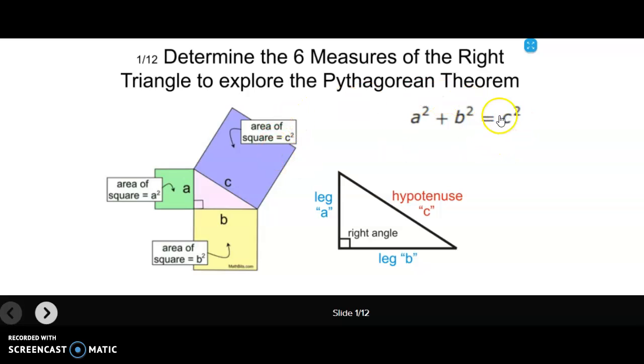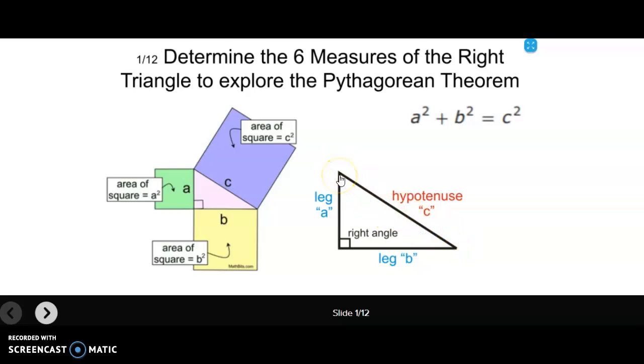So in order to figure out those numbers, we have to look at our picture. A right triangle means that one of the corners makes 90 degrees, a perfect right angle. The sides, we call them legs, so it's side A and side B. Side C is what we call the hypotenuse.